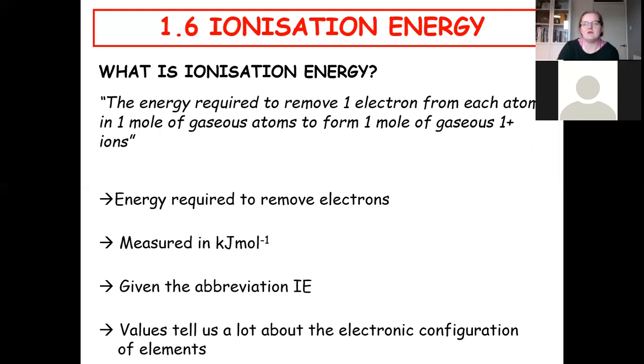It gives us evidence for shells, subshells, orbitals and the pairing of electrons. All the electron configuration we did the other day fits in really nicely with ionization energy and how they work together.